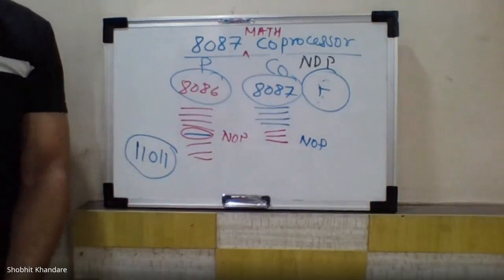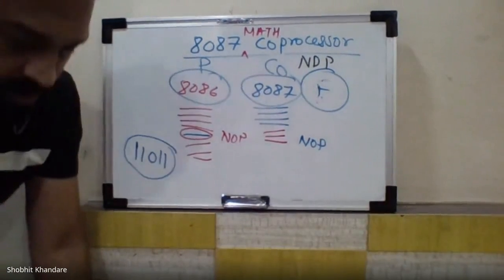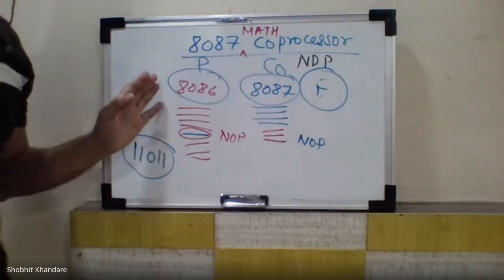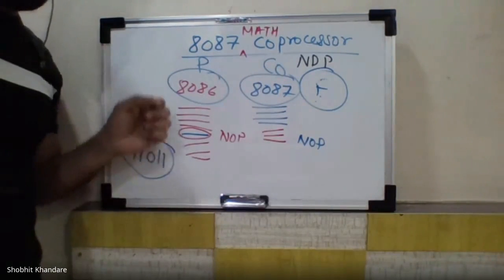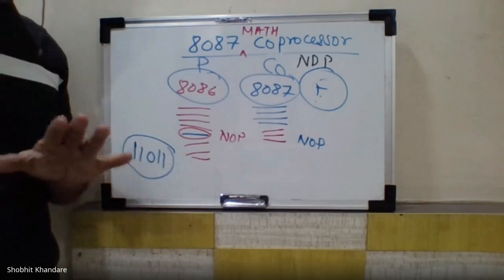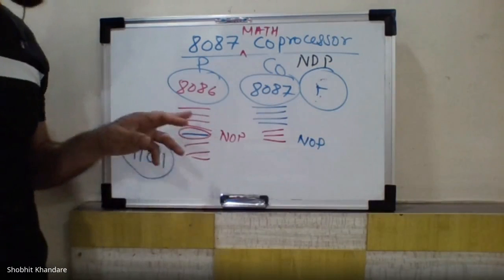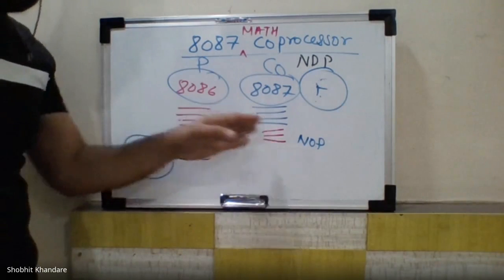Now we'll understand the pin configuration. Before we start, it is a 40-pin IC, DIP, dual inline package. Again I'm saying, maximum pins are familiar to you because they are associated with 8086, because it is working along with 8086.